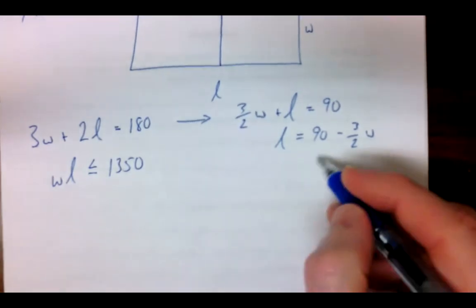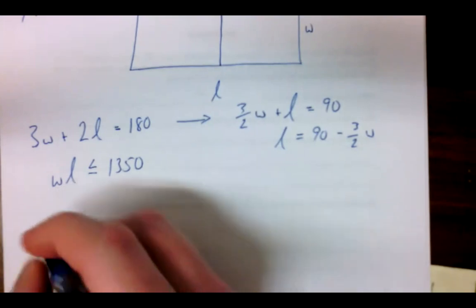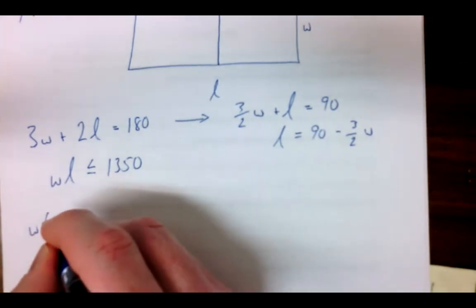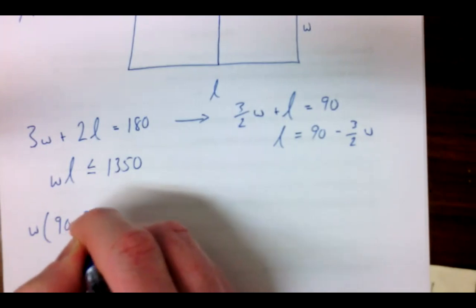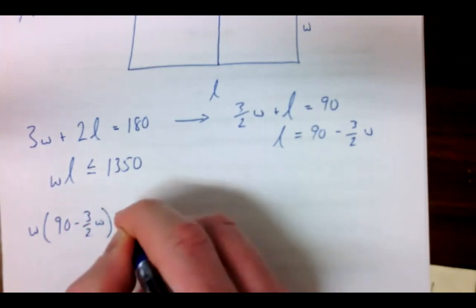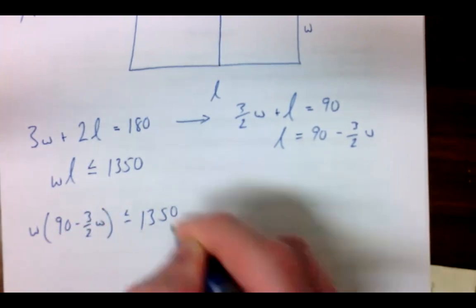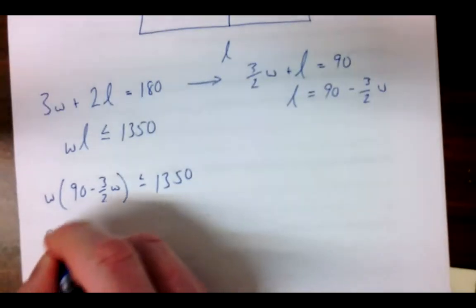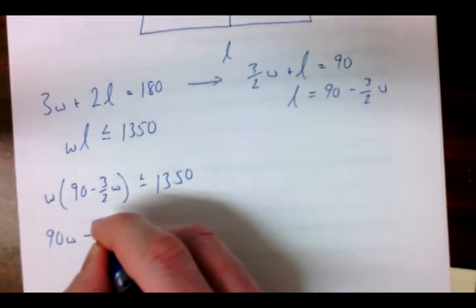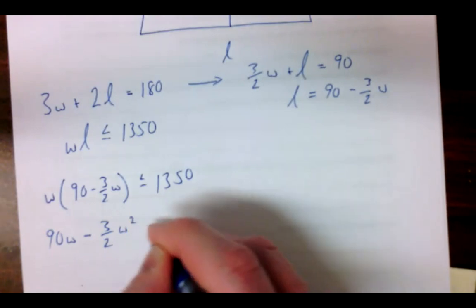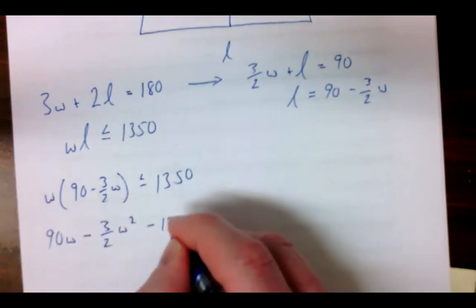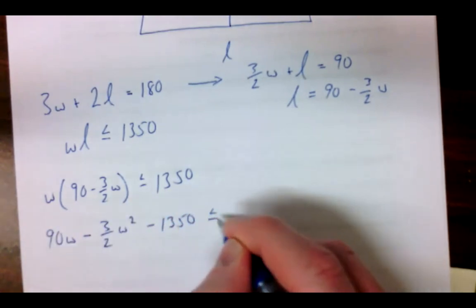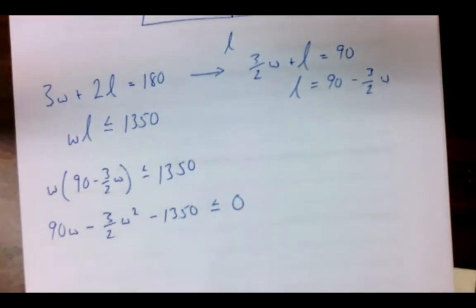So we substitute this in for the L here. So it's going to be W times 90 minus 3 over 2 W, less than or equal to 1350. So 90W minus 3 over 2 W squared. I'm going to bring this over, minus 1350, less than or equal to 0.